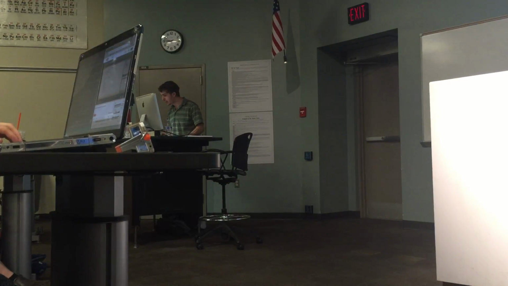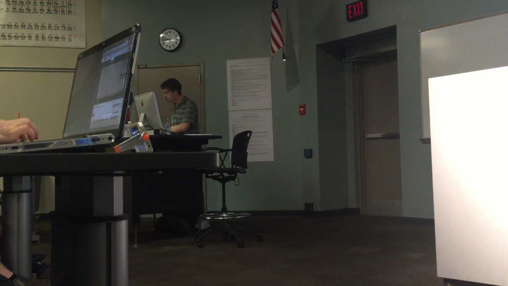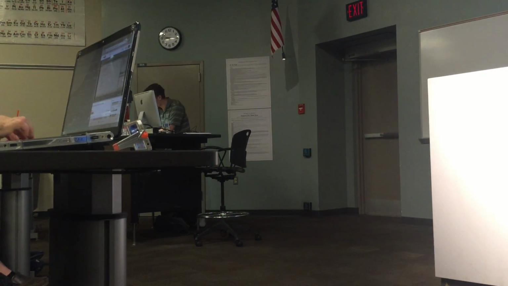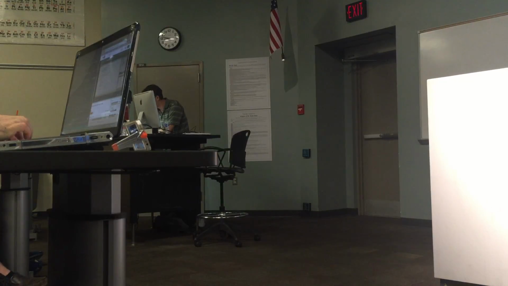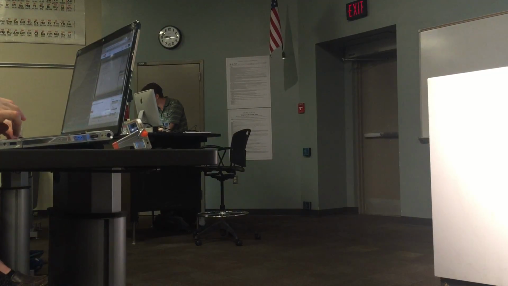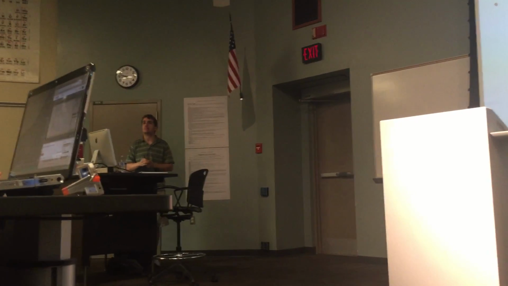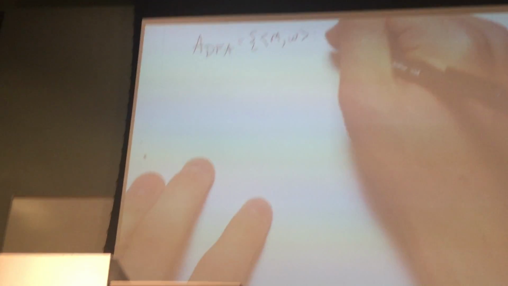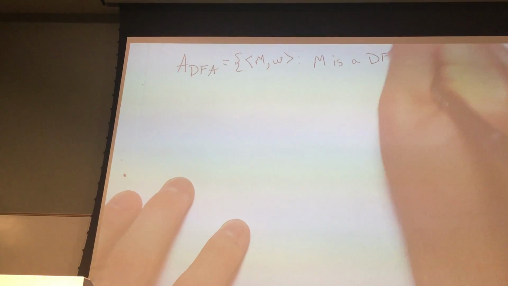And so now we're going to talk about some decidable problems. The first one that we're going to talk about is something called A_DFA. And so what is this? It's the set of all <M, w> descriptions, the set of all <M, w> such that, well, we've got to ensure that M is a DFA.